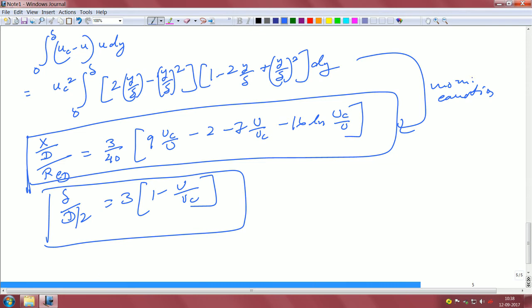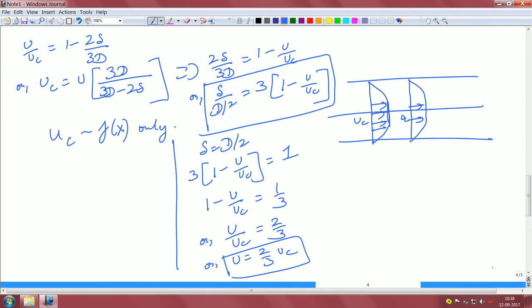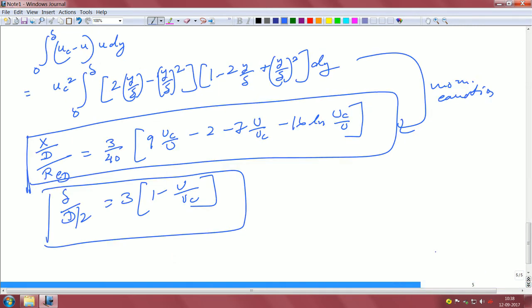Got it. So, in other words, as we said earlier, in this case uc is actually 3 by 2 of u, which is another way of writing the same thing. Now, this particular expression is basically the x momentum equation. At the edge of the boundary layer, we already saw that uc becomes 3 by 2 of u.